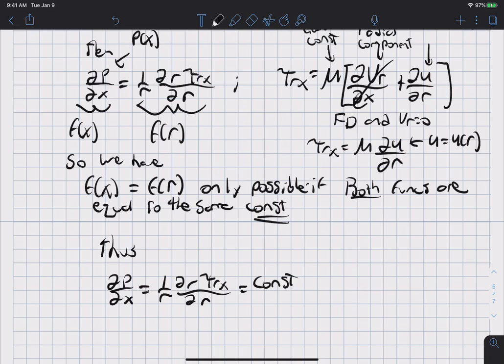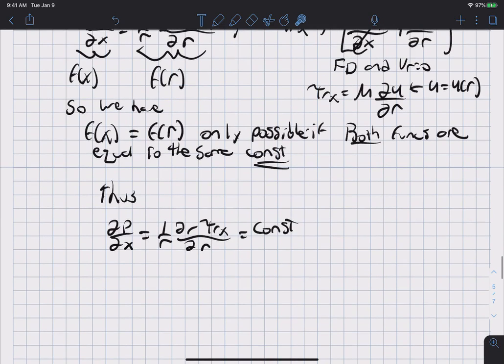So furthermore, we have proved, at least for laminar flow, that partial p partial x is constant in the fully developed region. This means that the pressure profile forms a nice straight line in the fully developed region. That's basically all that means.